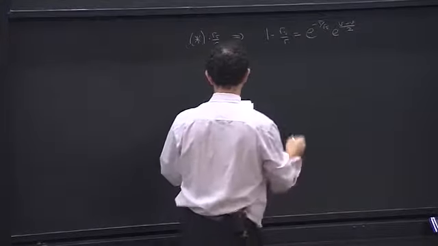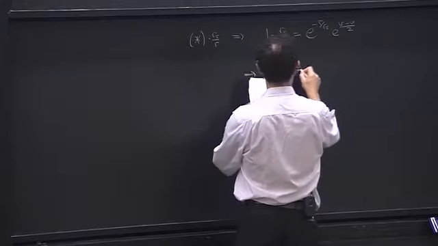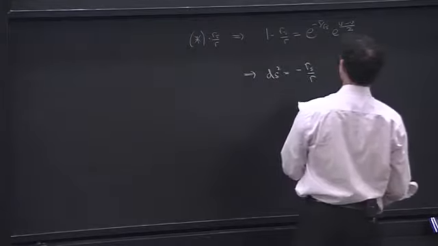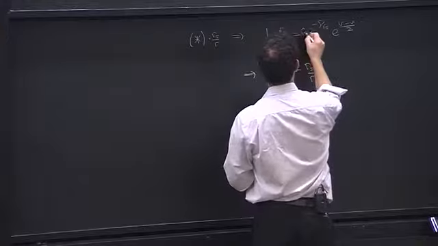Okay, so it follows that ds squared is equal to minus Rs over r. Sorry, there's an Rs over r here.